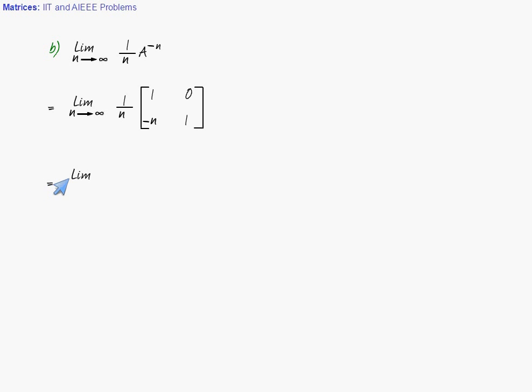Now limit n tends to infinity. This will be 1 by n, 0 by n, minus n by n, which will become minus 1, and 1 by n. Now if I put the limit, what will be 1 by n as n tends to infinity? This limit will always tend to be 0.